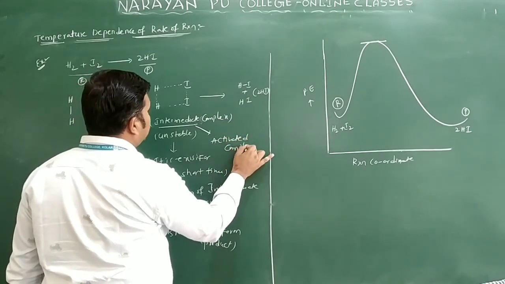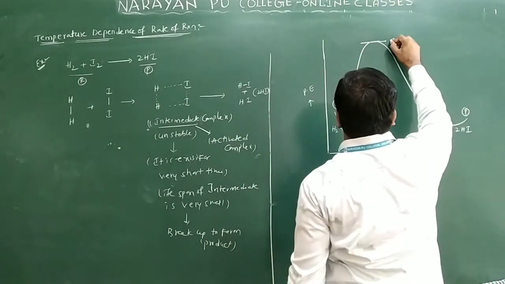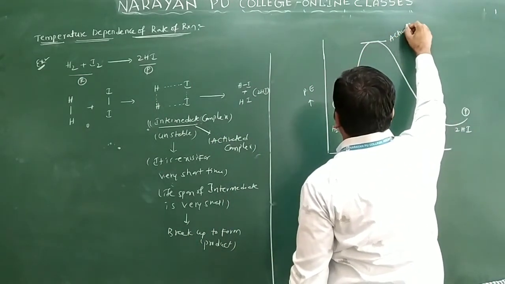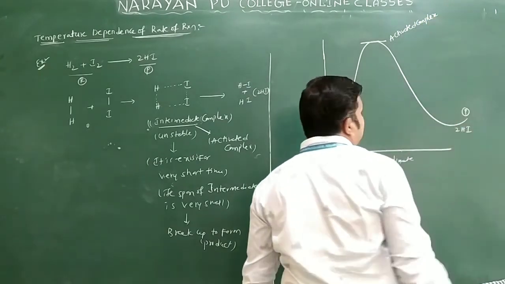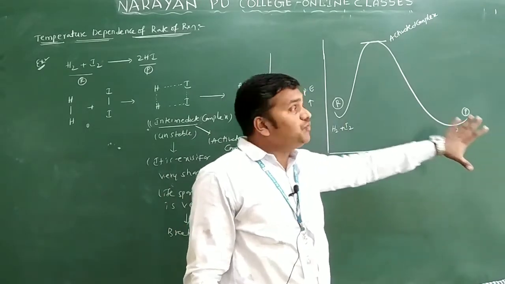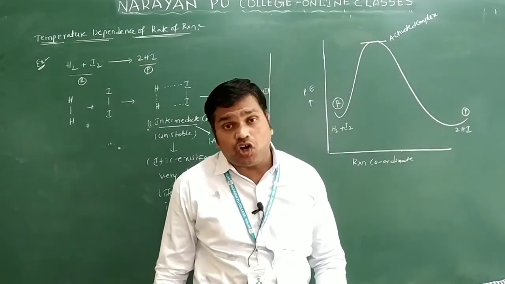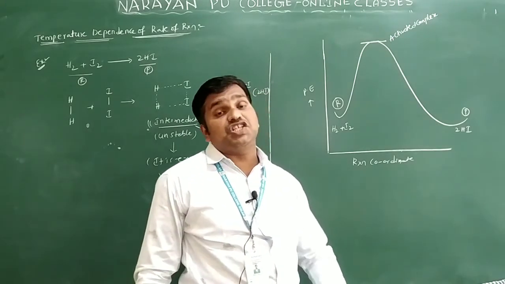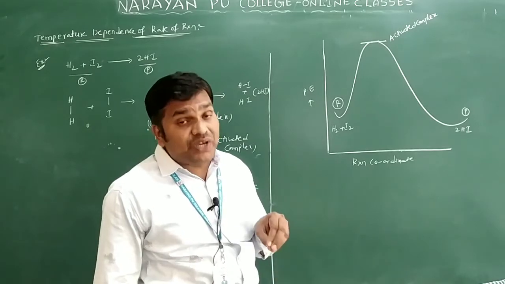At this peak, what complex is there? This is the activated complex. If the reactant molecules are converted into products, before that the activated complex exists. This activated complex is a highly unstable complex, and its lifespan is very small.